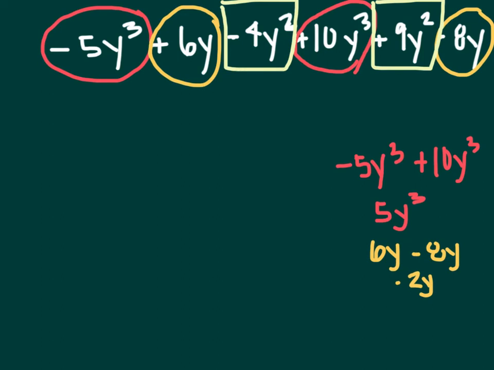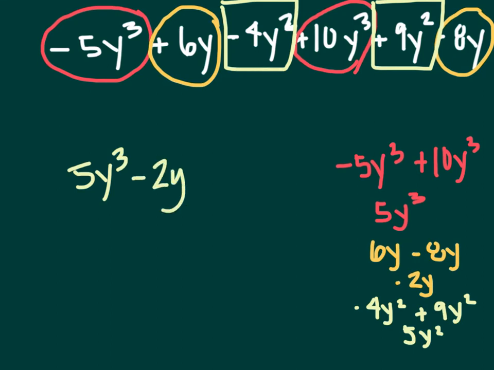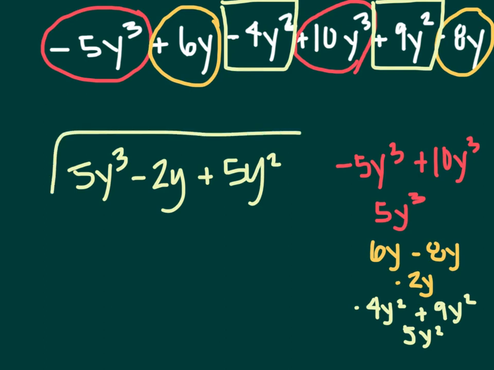And moving on to my y squared terms, negative 4y squared plus 9y squared will give me 5y squared, which gives me a final answer of 5y cubed minus 2y plus 5y squared. Again, order doesn't matter. We could have had them written in any arrangement as long as their signs are true.